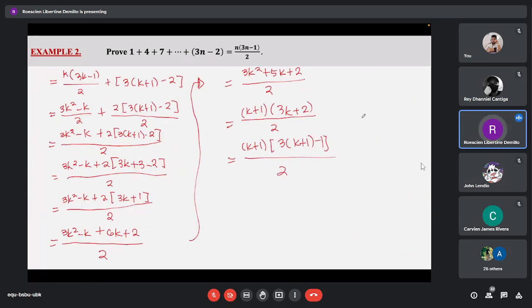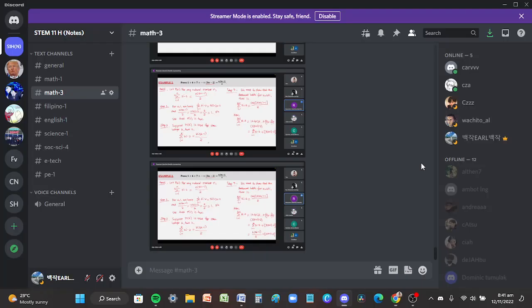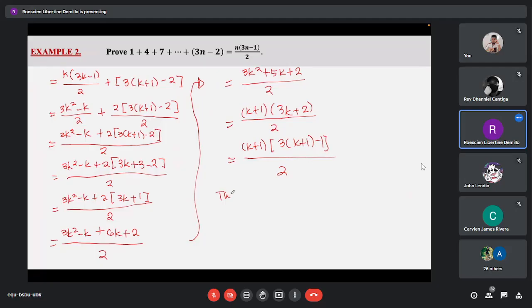Therefore, we can just conclude. Therefore, the summation or the sum of 3i minus 2 from 1 to n is just equal to n times 3n minus 1 over 2 for any natural number n.